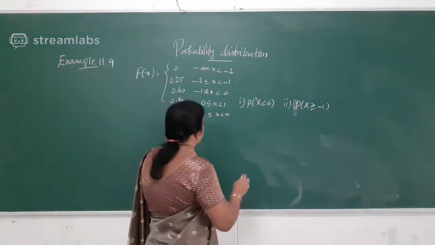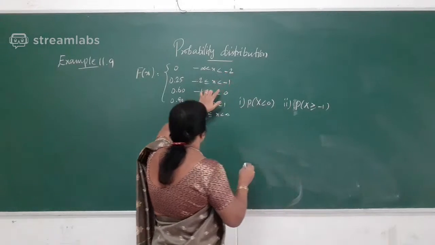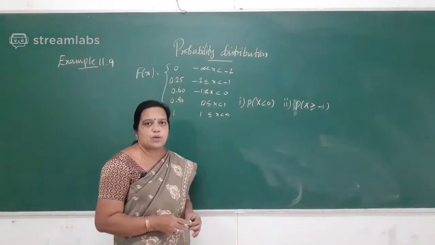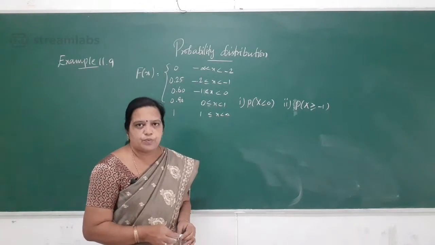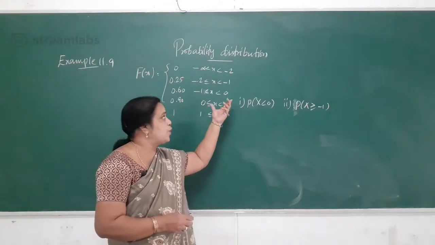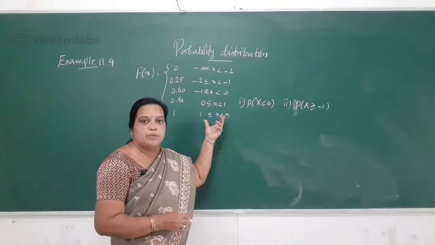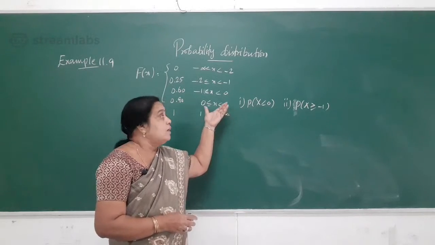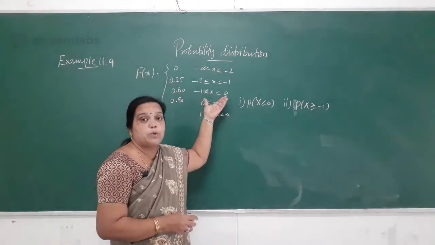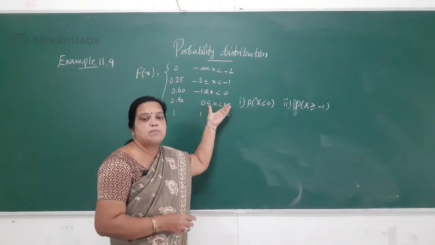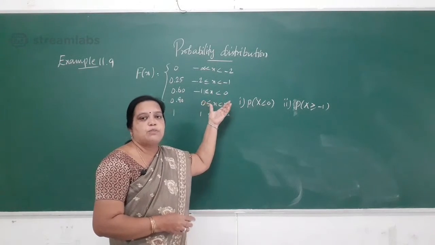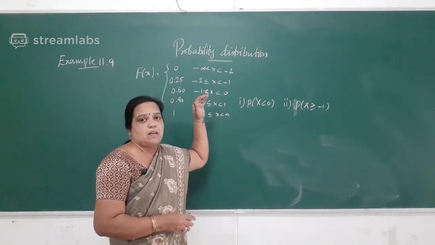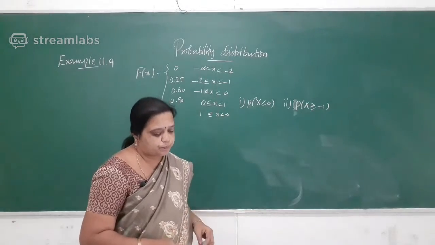Here, these values, -2, -1, 0, 1, these 4 values are known as the random values. Previously we found the values first, then wrote the limits. Here, reversely, we are going to write the random values by using these limits.